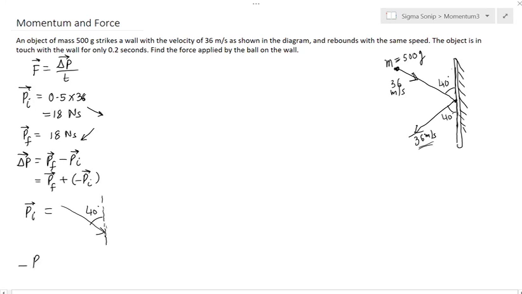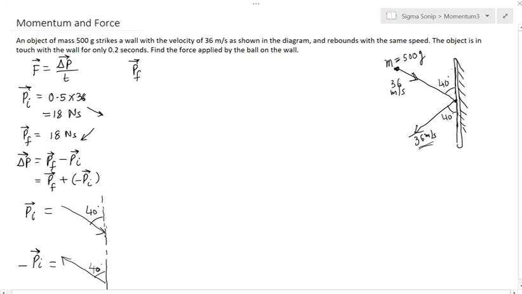So minus PI is the same vector here, but only the direction is different. So minus PI is going like this, and that angle is 40 degrees. Simple. And likewise, I will draw PF as well.